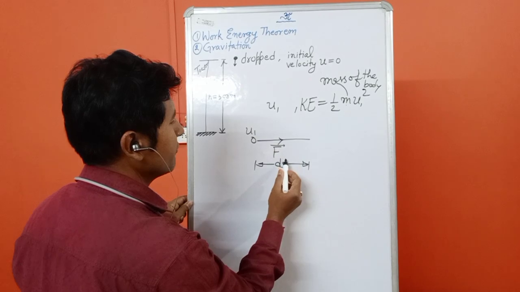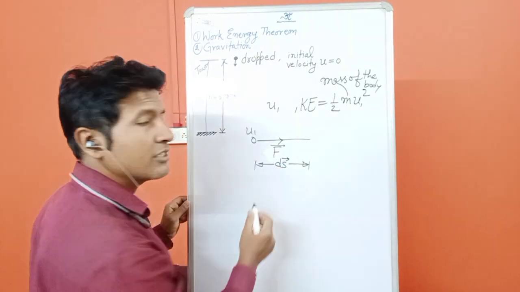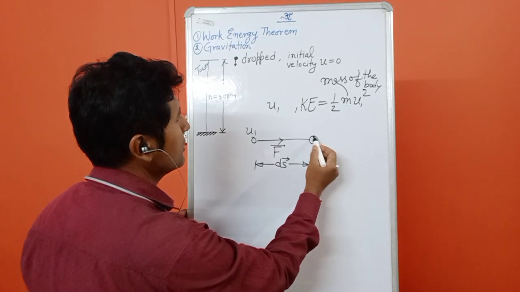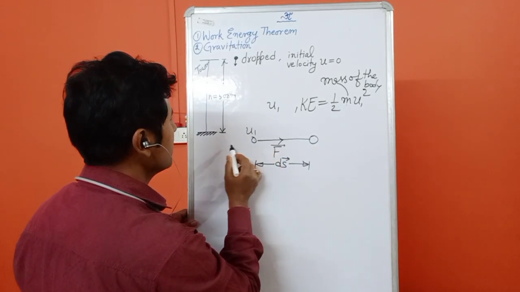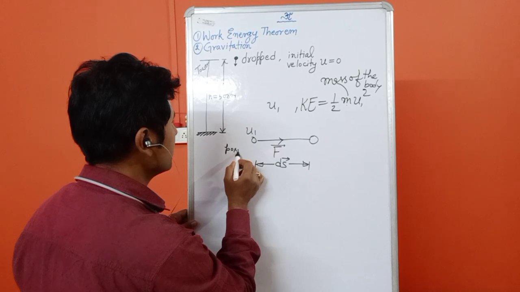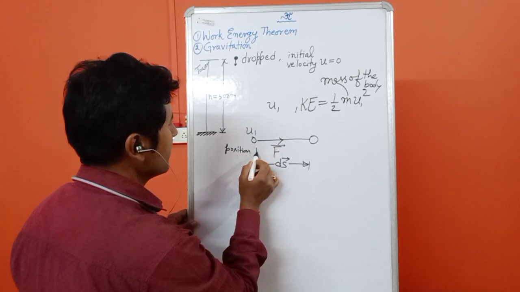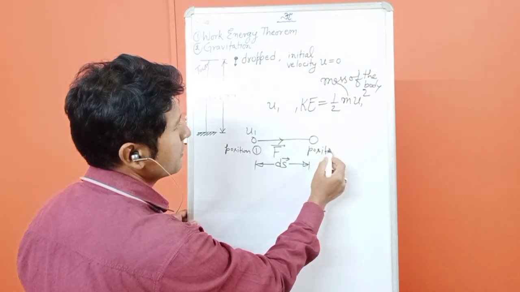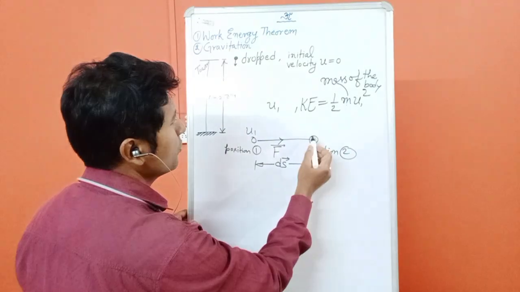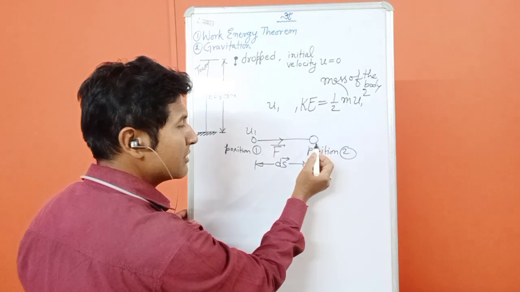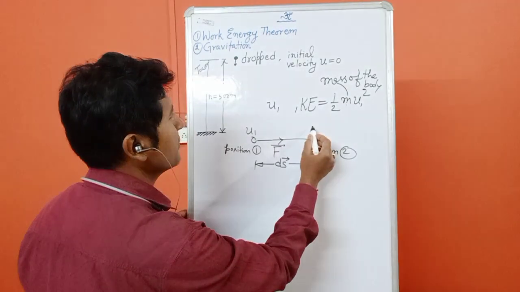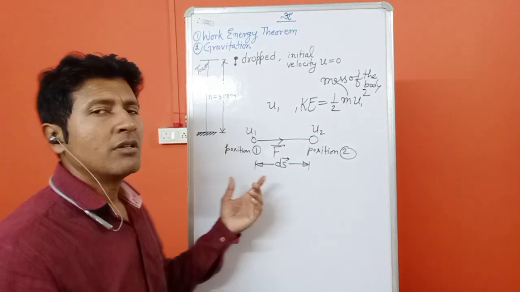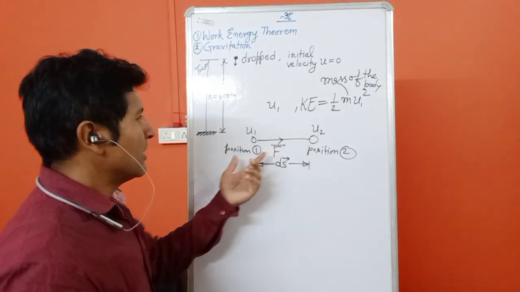F is of course a vector quantity and the displacement is also a vector quantity, right? Now this is position number 1, and this is position number 2, the final position in which, let's suppose, the body has velocity u2.